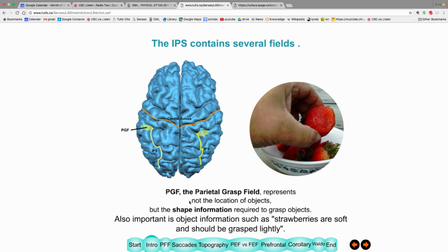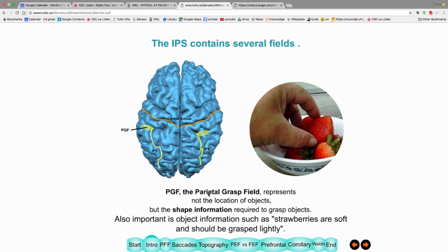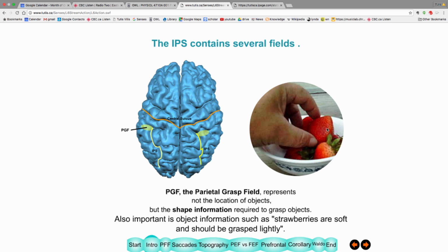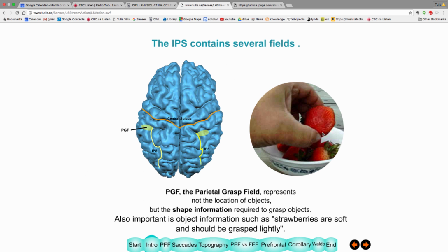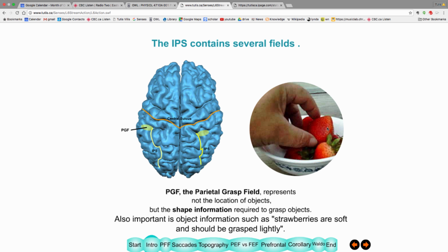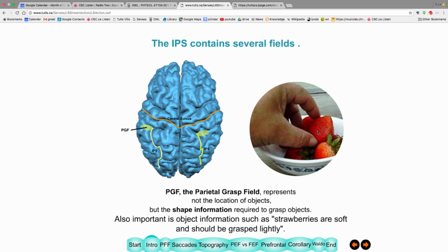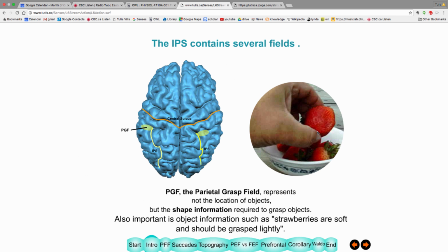Now, there's another area that's similar but different. It's called the parietal grasp field, and it's involved in picking things up. So how you pick things up really depends on what the object is. If it's something like this strawberry here, you have to pick it up gently. If it's something like a knife, you have to make sure you pick it up by its handle.